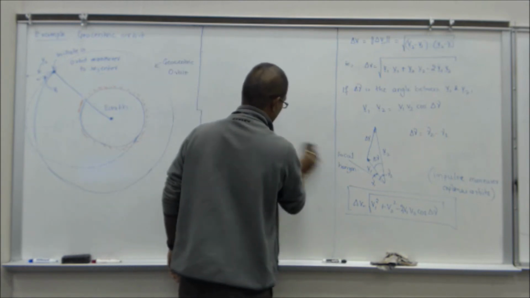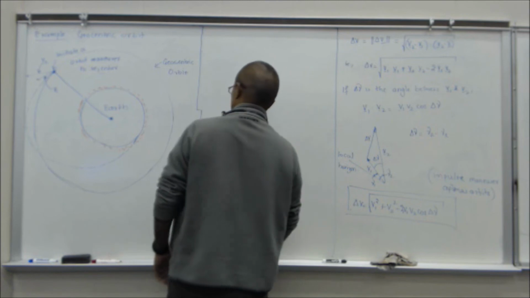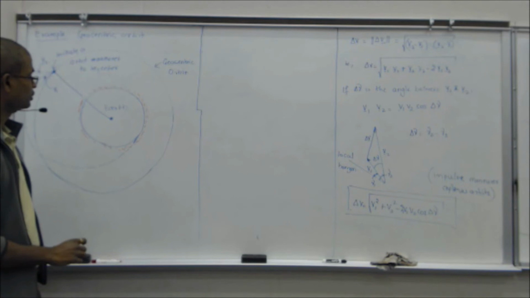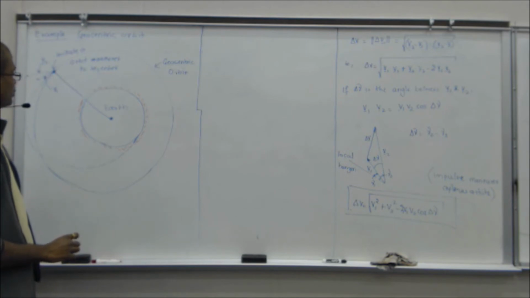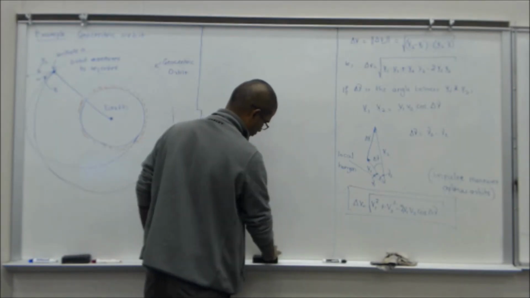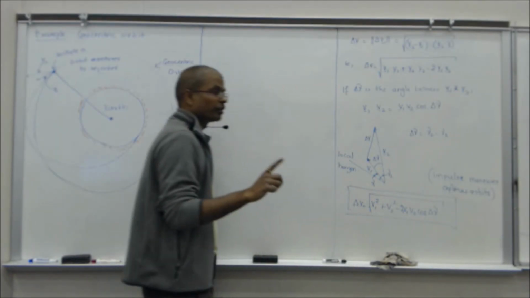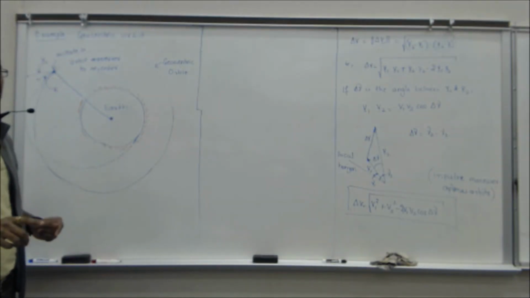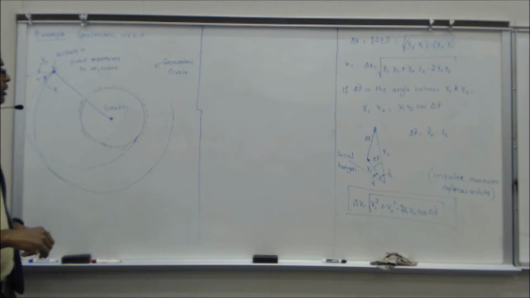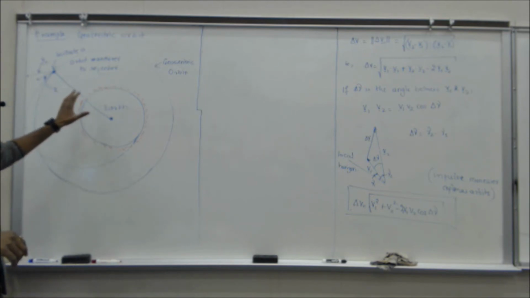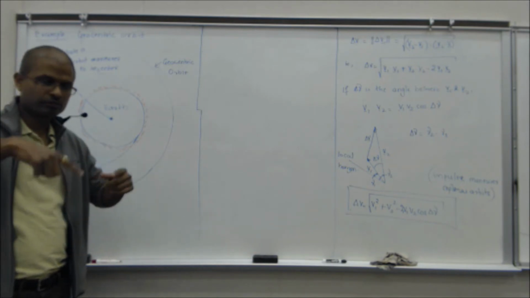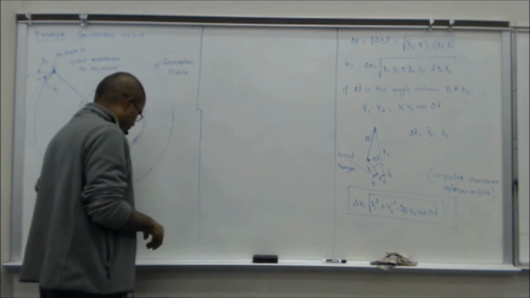So keep in mind, this is a geocentric orbit. It doesn't matter if you change the time, right? It's always going to be here relative to the Earth, because it's always there. It's a geocentric orbit. Okay.